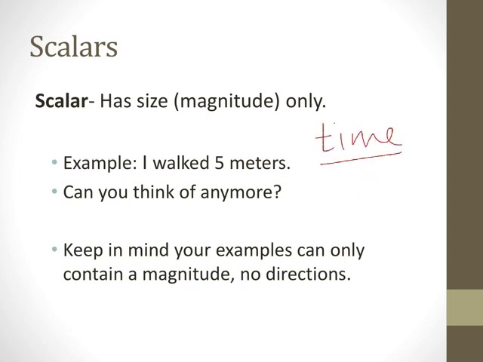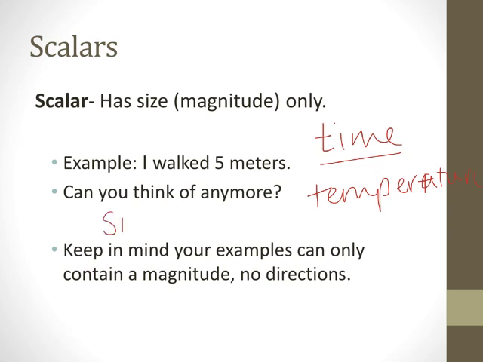Hopefully in your list you might have come up with something, say, time. Time is a scalar quantity because we haven't figured out how to go backwards in time yet. You can also think temperature. I know when we think about Fahrenheit or Celsius, there are negative temperatures, but we'll get into this eventually.